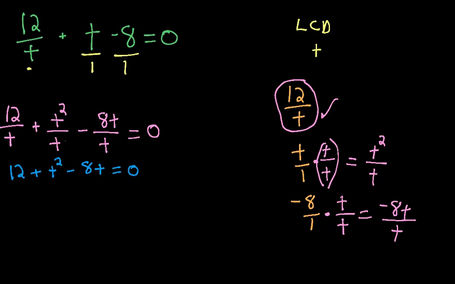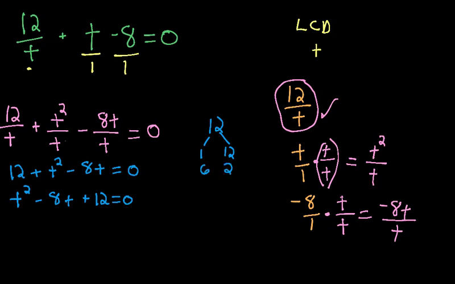Anytime you see this, you should notice that if your leading term is squared, you have a quadratic. So let's put it in standard form: t squared minus 8t plus 12 equals 0. Once you have it in standard form, the main thing you should be asking yourself is, is the quadratic factorable? Our leading coefficient is 1, so all we need to know is, are there factors of 12 that add up to negative 8?